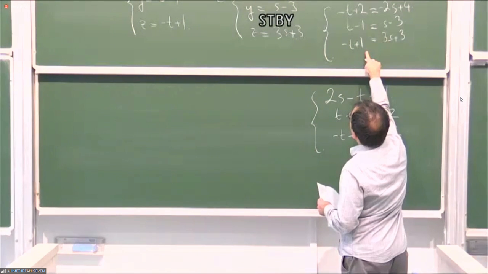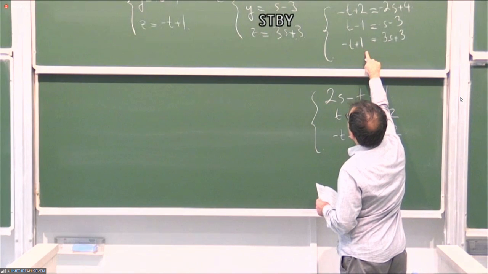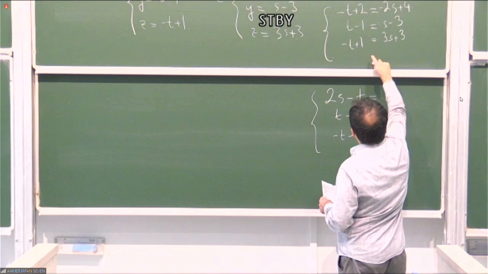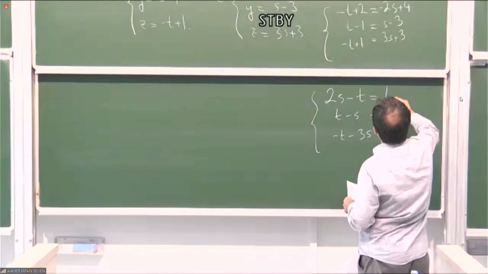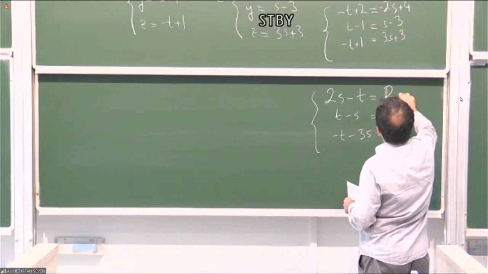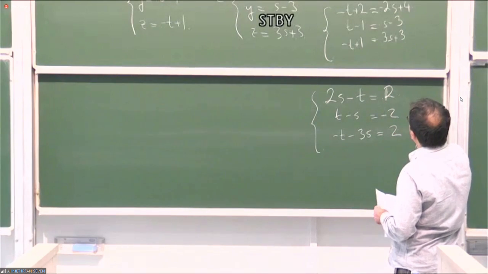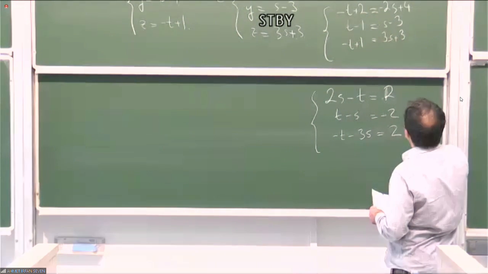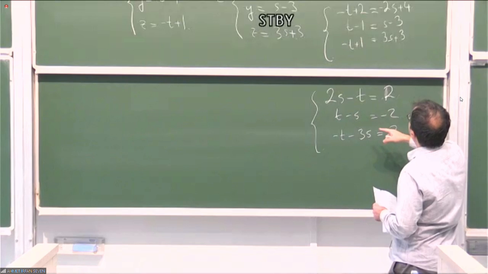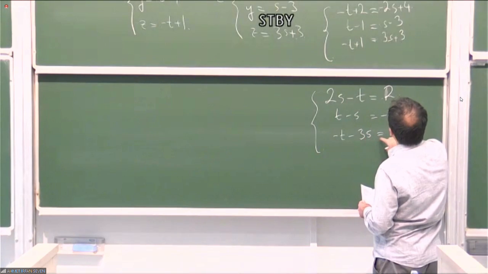Here? 2s minus t is 2, right? But you wrote 1. 2s minus t should be equal to 4. Okay. Yeah. T minus s must be equal to minus 2. Minus t minus 3s must be equal to 2.